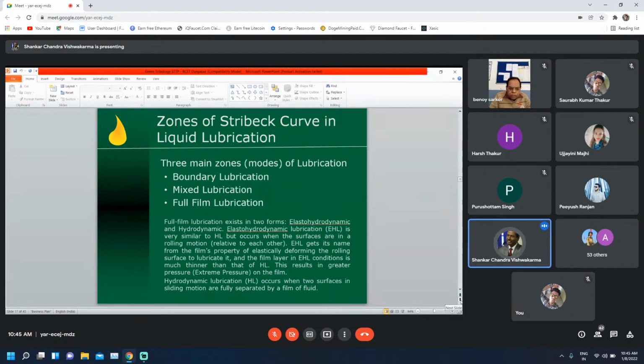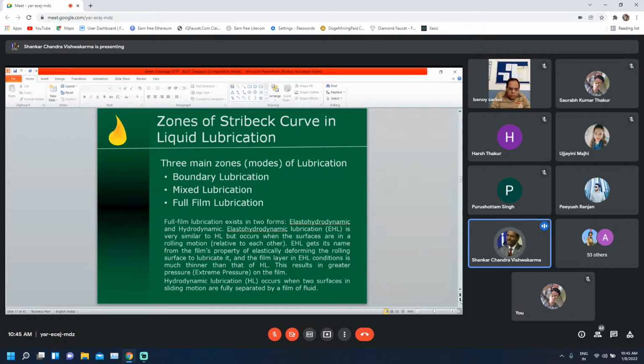Elasto-hydrodynamic lubrication is very similar to hydrodynamic lubrication, but it occurs only when the surfaces are in rolling motion relative to each other. EHL gets its name as it is elasto-hydrodynamic.